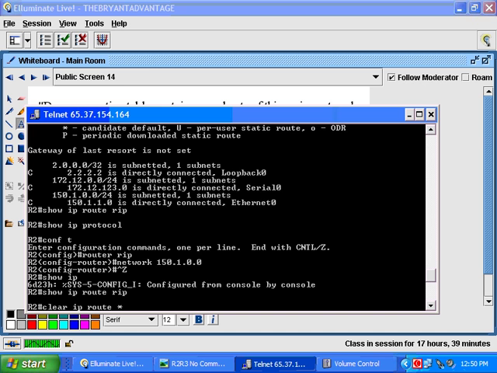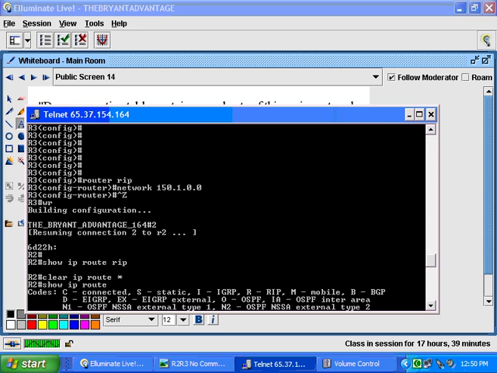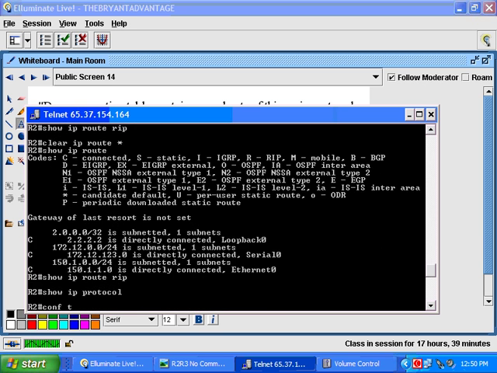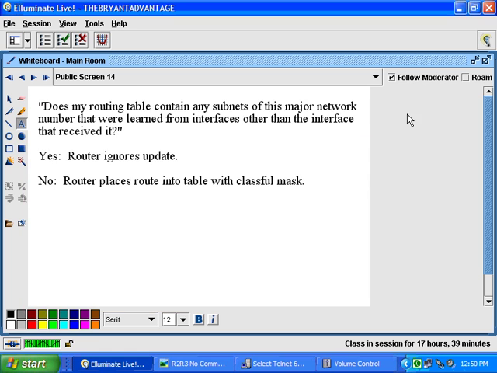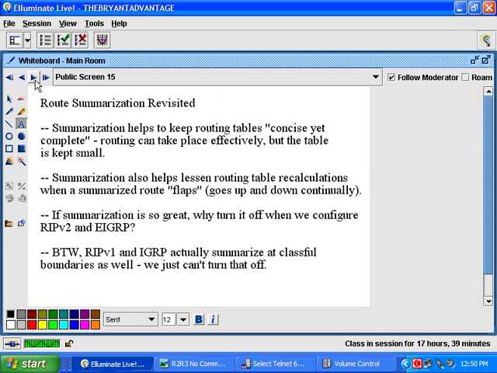You can type in the network number, and it's going to summarize it anyway in the command. There's 150.1.1.0. And there's where I typed in network 100.1.0.0, and the router took it, but if you look in the config, it's going to say network 100.0.0.0. So it's not the end of the world if you put more than the classful number in there, because the router's going to summarize it anyway.